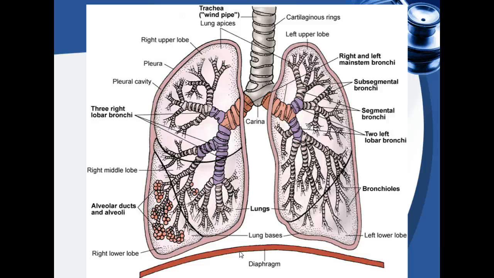It begins at the lower edge of the cricoid cartilage of the larynx and extends to the level of the fourth or fifth thoracic vertebrae. Other than that, we can talk about the bronchioles and the alveolar ducts and go down, but I just basically wanted you to know what the anatomy of the respiratory system consists of.